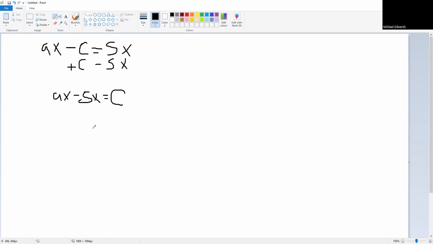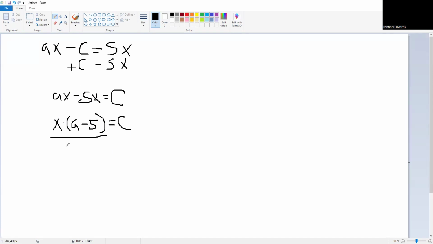Okay. So now we can pull out like variables. And the one like variable is the X here. So for this and this, we could write it as X times A minus 5 equals C. And then to solve for X, that's multiplication.